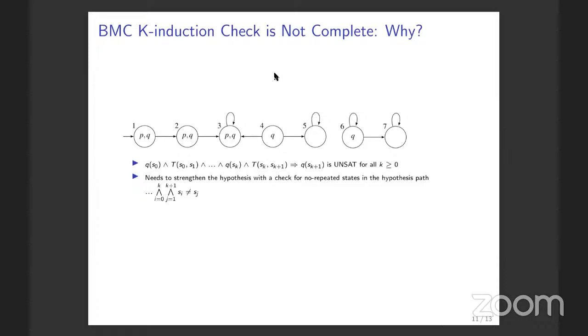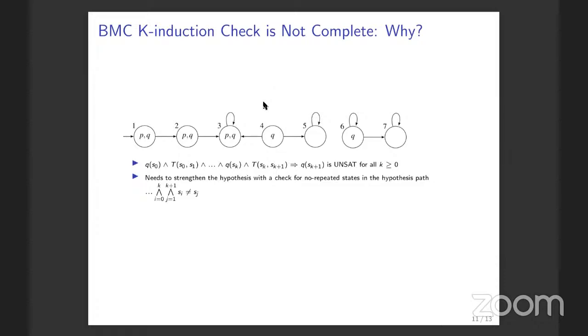Let's suppose that you had another state here, a Q state, which just goes back to itself. Now, that is not reachable, but that still will be in the inductive invariant that it generates, in the backward propagation.